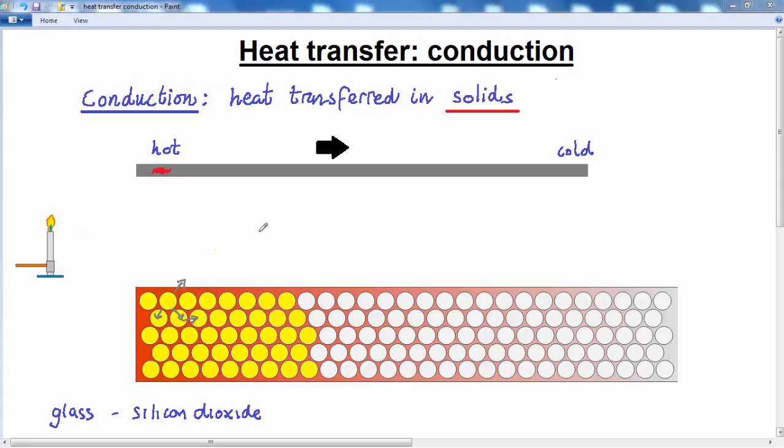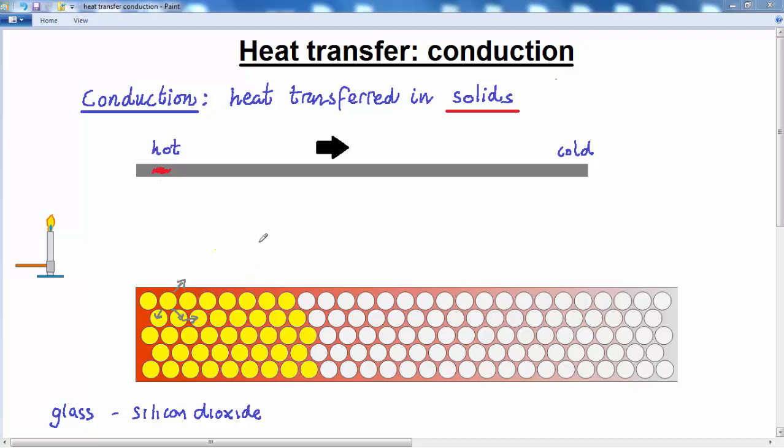Now, this model for heat transfer in a solid, or conduction as it is known, is a rather simplistic model. That is, the idea of heat being transferred simply by atoms vibrating and knocking on those vibrations to those around it. Although saying that, this model is perfectly adequate to explain conduction at both GCSE and IGCSE physics levels.